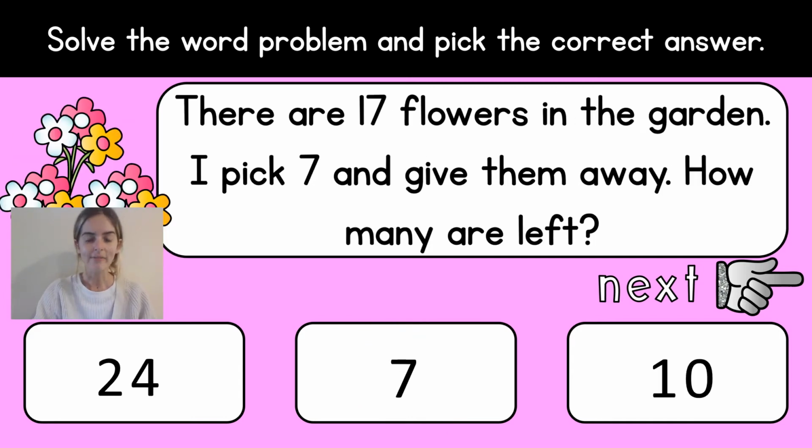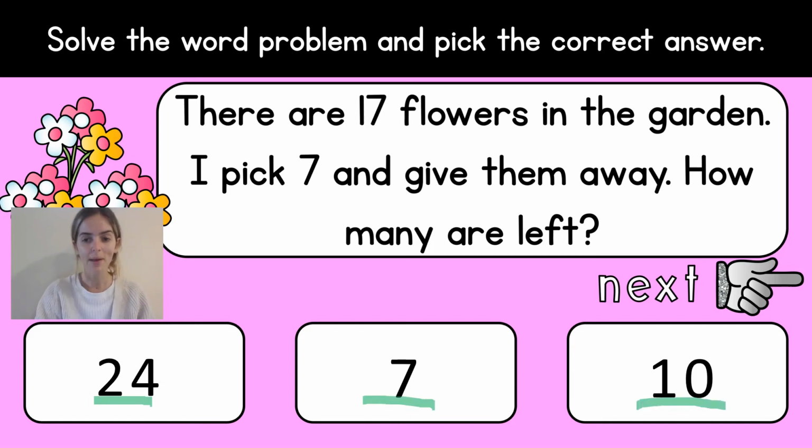There are 17 flowers in the garden. I pick 7 and give them away. How many are left? So our answers that we can choose from are 24, 7, and 10.